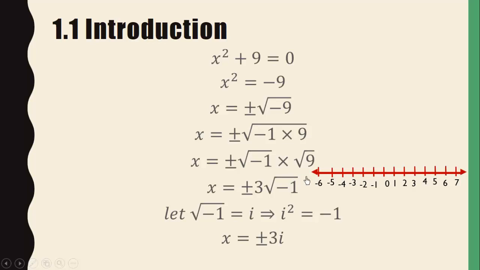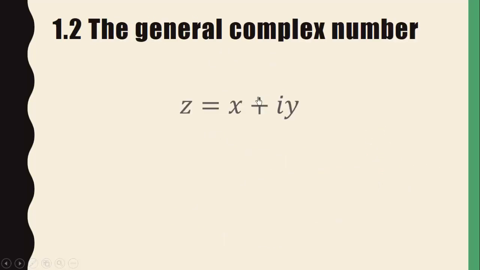That is why we refer to it as imaginary. So this is -1. The root of -1 cannot be found over here, cannot be illustrated here. It can only be somewhere here, or we can imagine it up there.